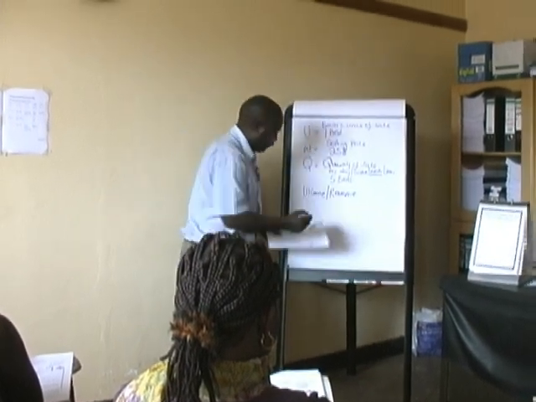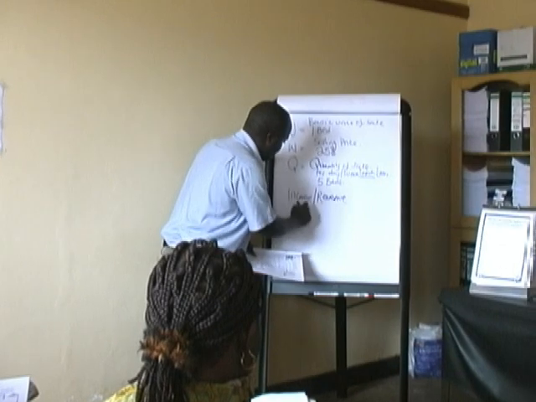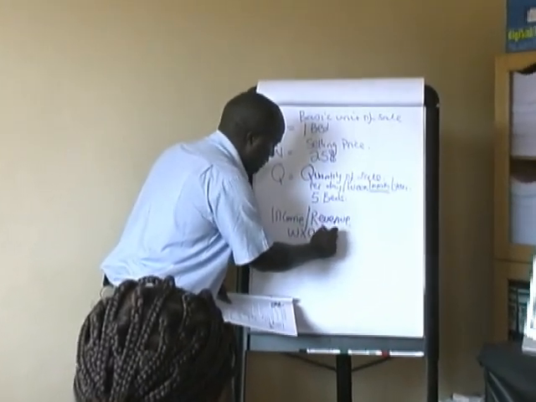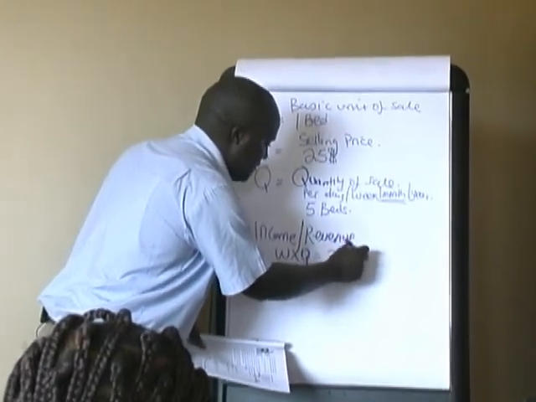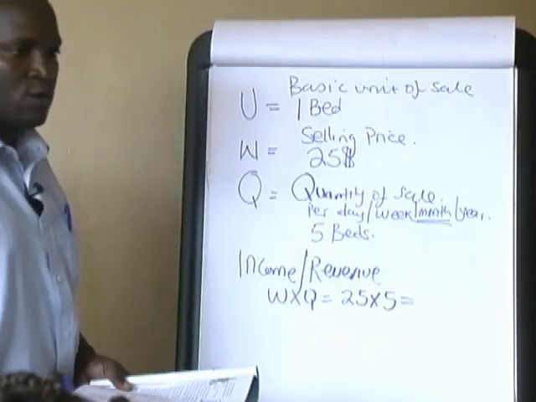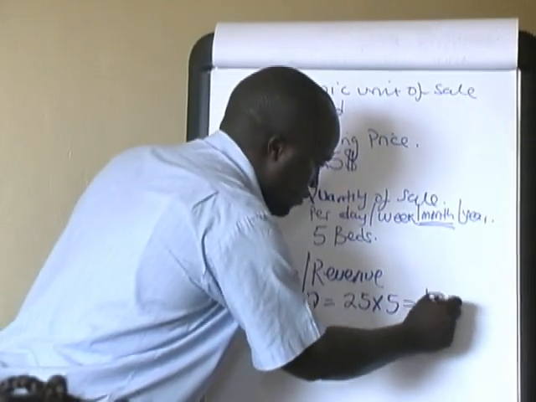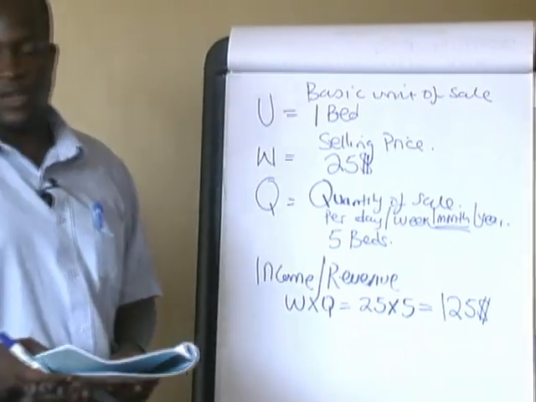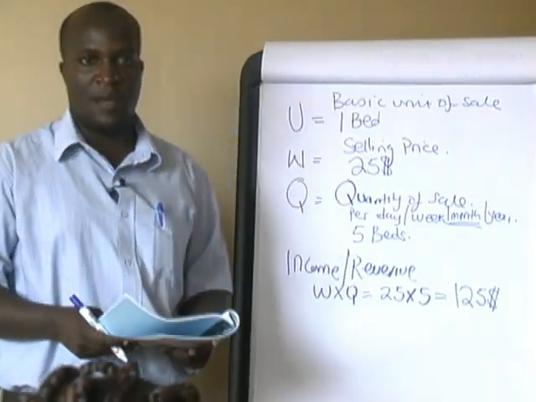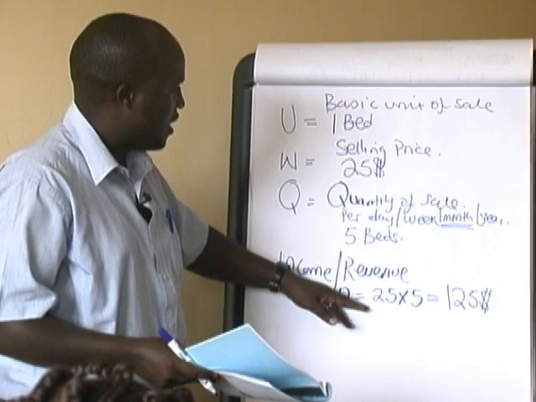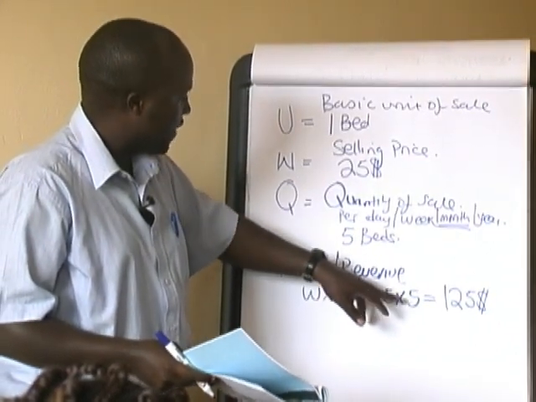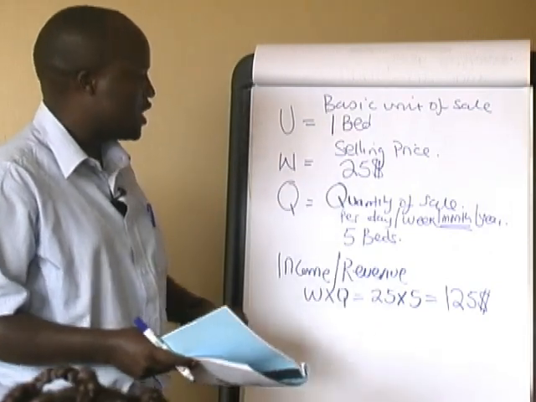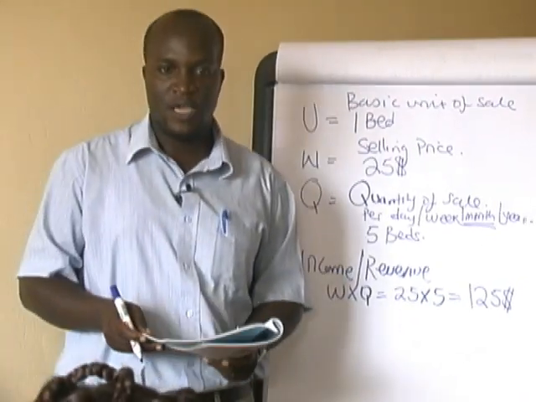So in this case, if you get P times Q, 25 times 5, this would equal $125, and this would be your total income. It will be your total revenue. That's the money that you would expect to come in. If you sold 5 beds at $25 each, you could make $125 in a month.